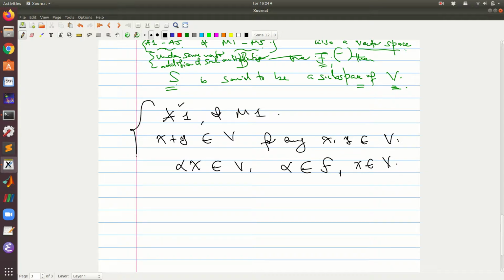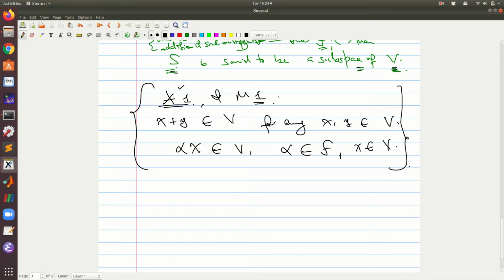They say that to show that S is a subspace of V, it is simply enough to check that A1 and M1 are verified. We won't go so much into detail, but the text gives more detail on why it is enough, while the rest follow from A1 and M1.